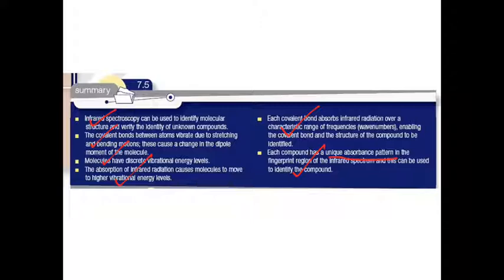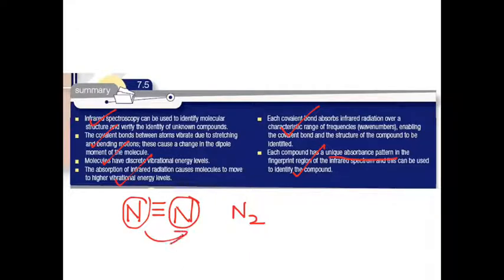Now, the dipole moment stuff, what you've got to just tuck away in your knowledge bank is that if you have a molecule, a diatomic molecule such as nitrogen, N2, because there's no difference in the electronegativity of the two components of that molecule, they're the same thing, then there's no dipole activity.